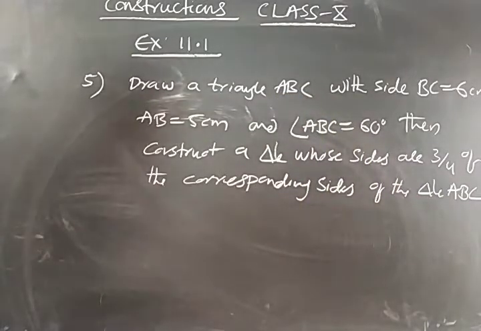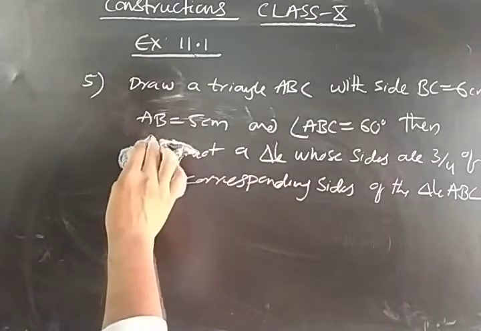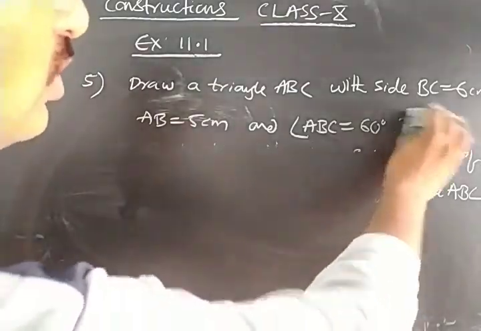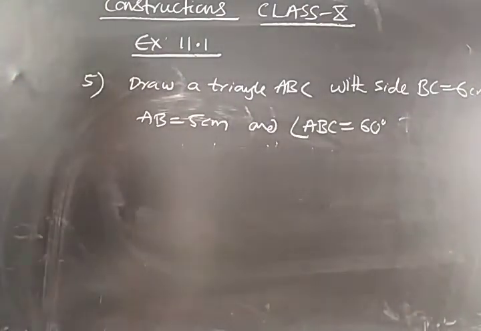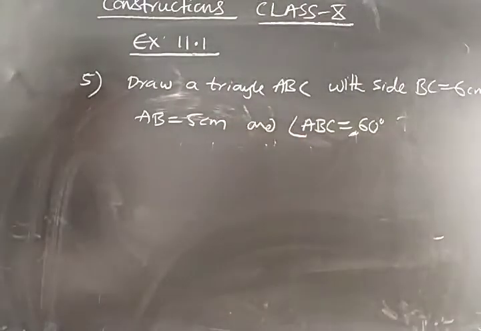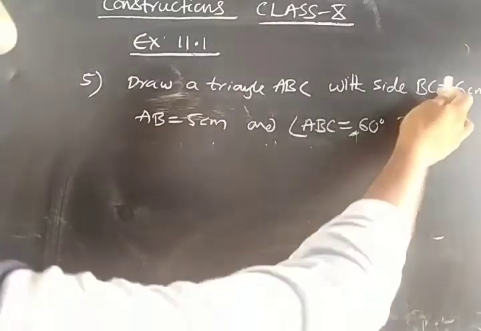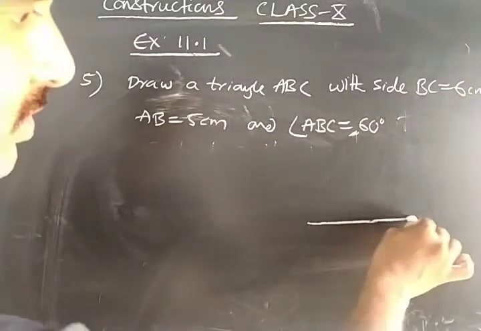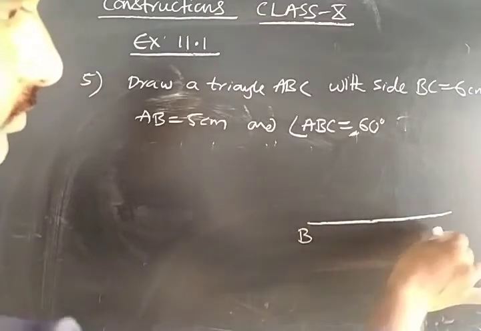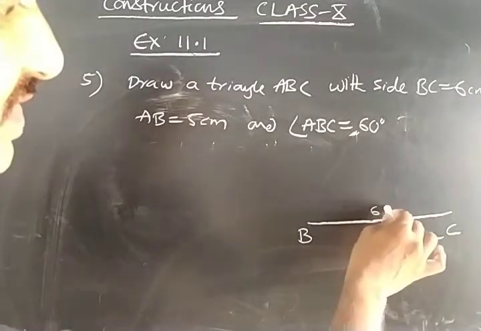Okay, right. Now I am going to use the given information to construct the triangle. So I am drawing BC side first. Take BC side here, whose length is 6 centimeters.